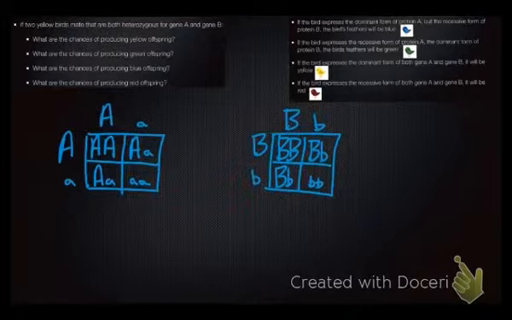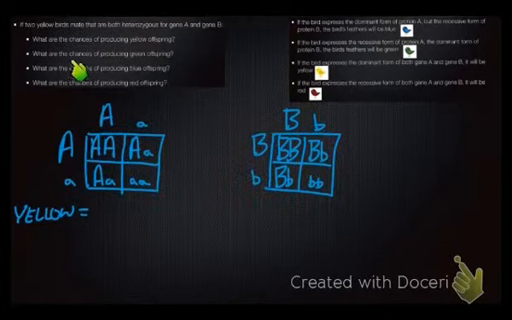Then I have to interpret what these squares mean. So, let's answer what are the chances of having yellow offspring first. Okay, so to get yellow, we need to be expressing, if I look over here, if the bird expresses the dominant form of both gene A and gene B, it will be yellow.